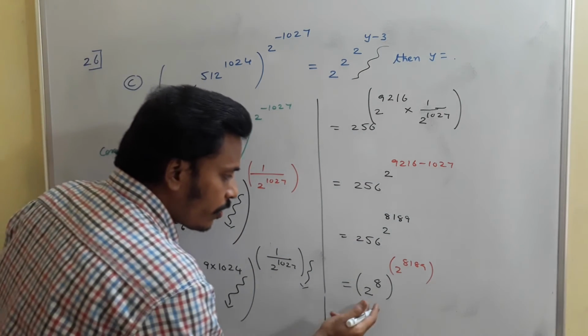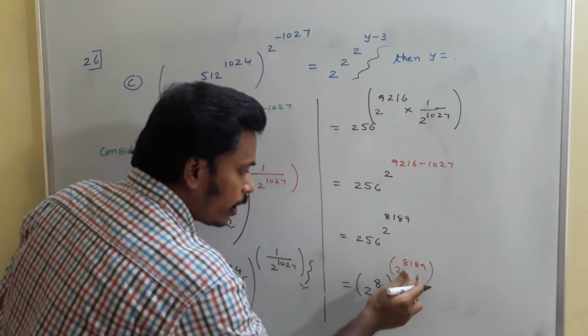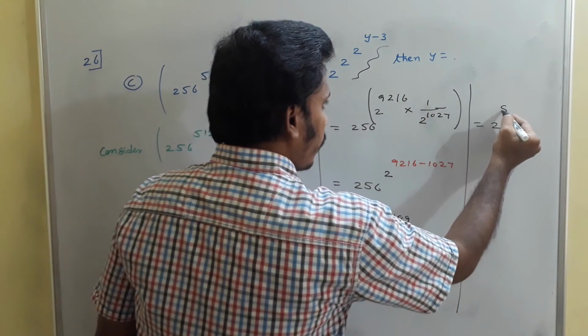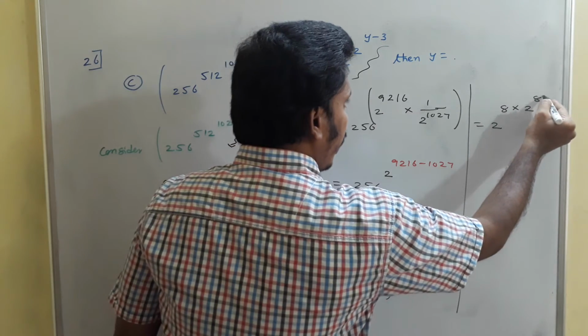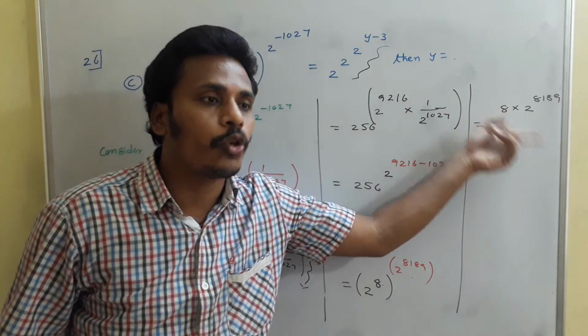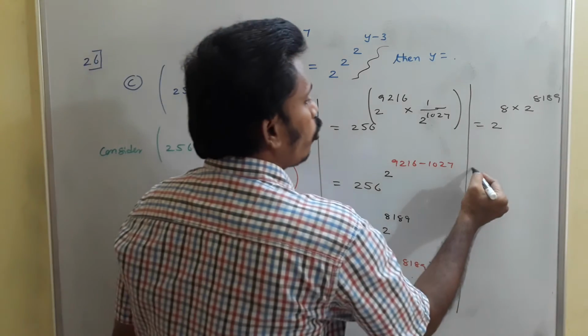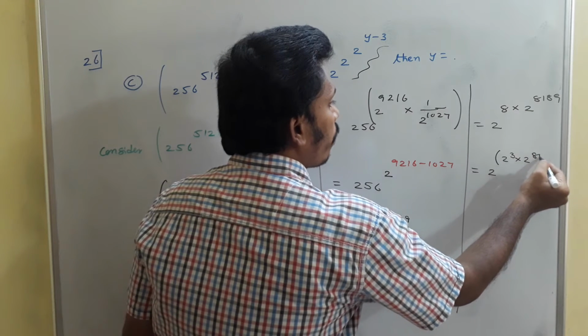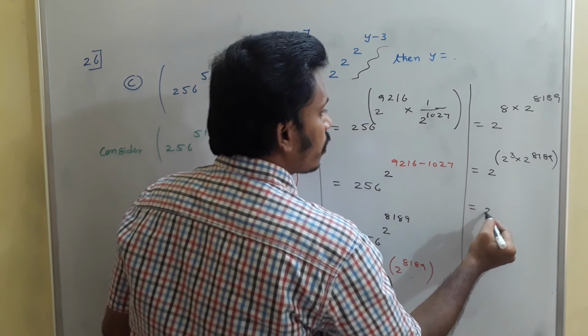So this is a, this is m, and this is n. We need to multiply these two. That is 2 to the power 8 into 2 power 8189. I will rewrite this 8 as 2 cube. Then in this bracket you have 2 cube into 2 power 8189, which is equal to 2 power 8192.